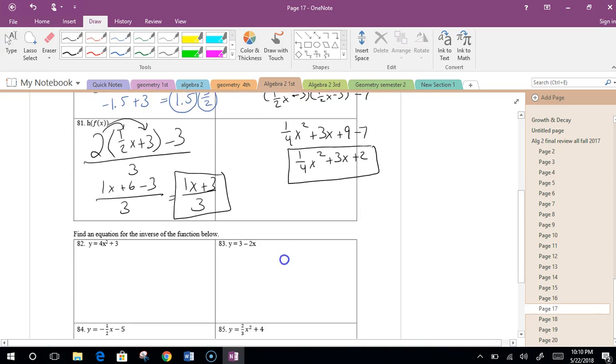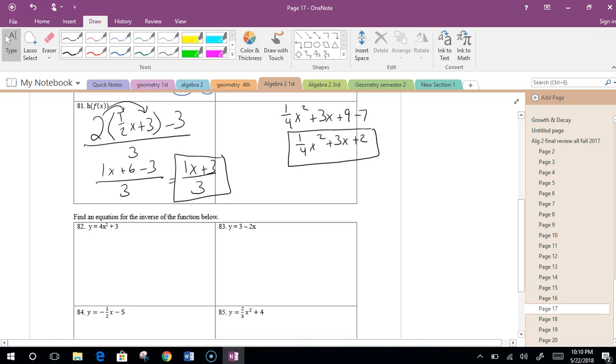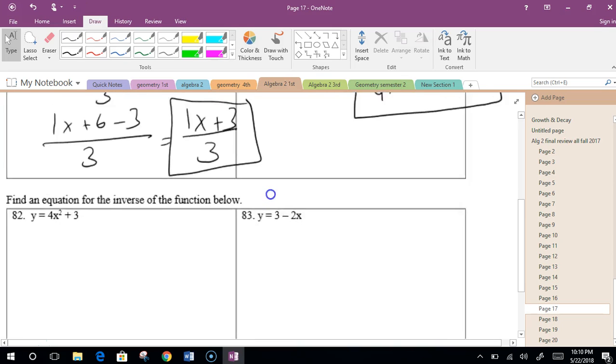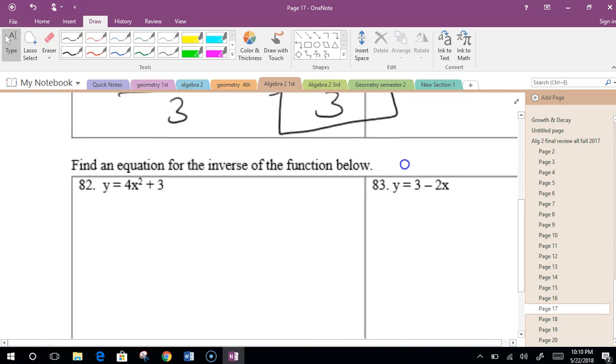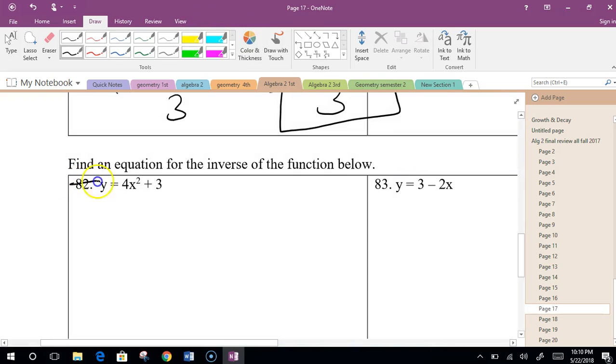Okay. So moving into the next part of this, finding an inverse equation. I think you are likely to see one of these at least, and it's probably going to be an x squared equation of some kind, so I think 82 is a perfectly good example. Remember, when you have to do this, the first step is to switch x and y.